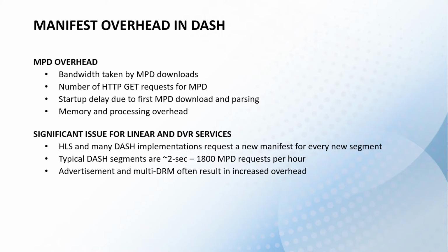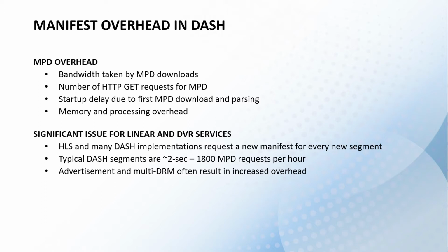The next two things are more parser and client oriented. First, we have a startup delay because we need to both download the MPD and parse it. And then we have the processing overhead of parsing the MPD and doing operations on it, and the memory overhead of keeping the whole thing in memory.